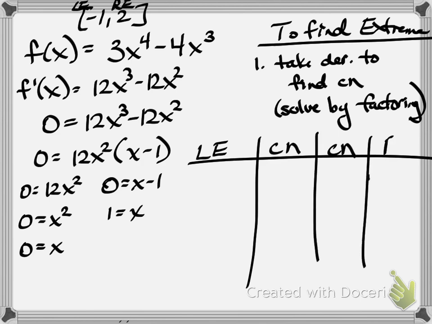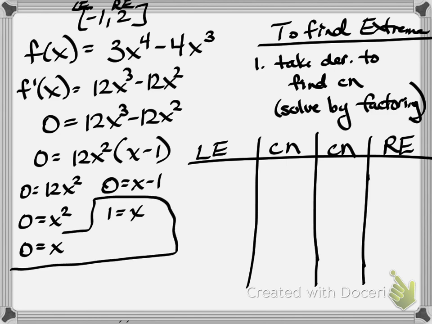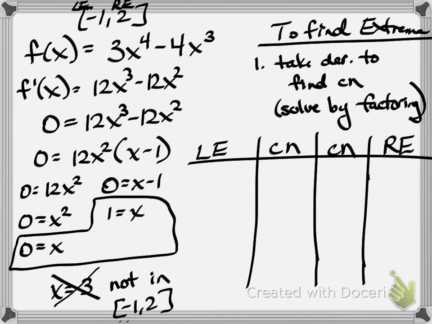and then right endpoint. Because these critical numbers would have to fall somewhere between A and B, our left and right endpoint. Sometimes they don't, and we would say, oh, we don't get to use this critical number because it's outside of the range. Like if we found x equals 3 to be a critical number, we couldn't count that because it's not in the -1 to 2 interval.